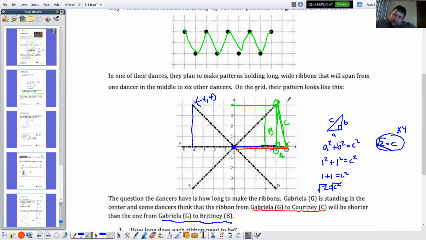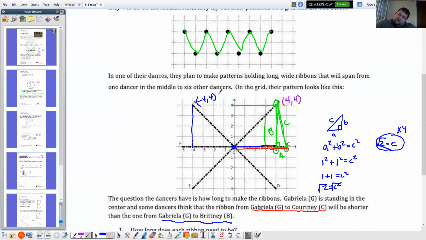And then here we are at, let's grab a different color here. Let's go purple. Here we are at, whoa, that is yellow. We're at 4, comma, 4. Okay, so those are my 2 points.